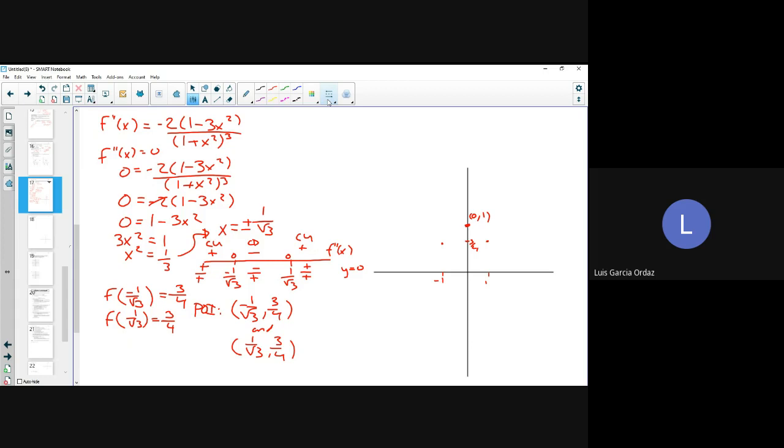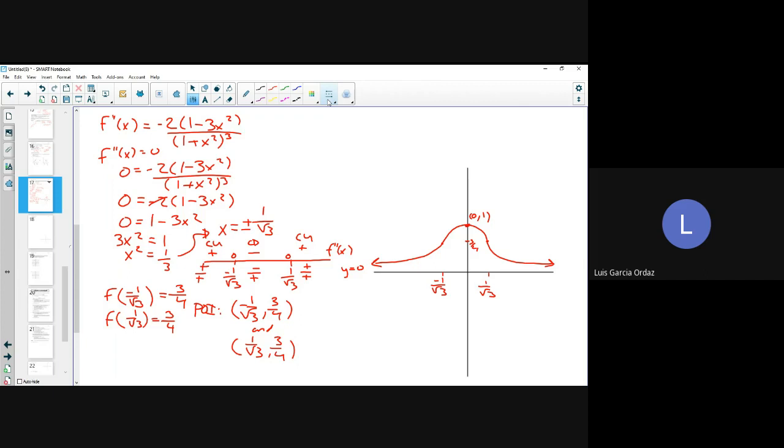So from negative infinity all the way to -1 over root 3, I am concaving up. And then because I'm at the max, I'm concaving down. Which means that is what my graph would look like.